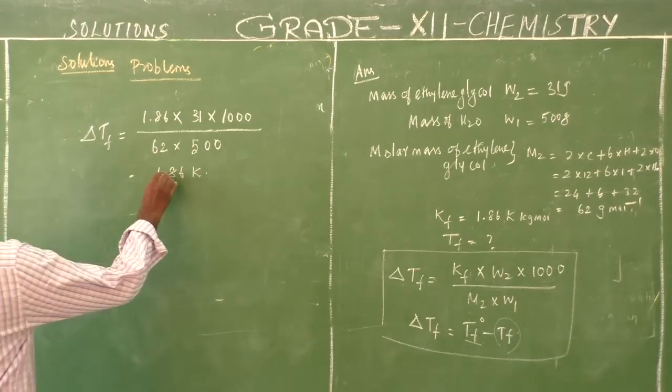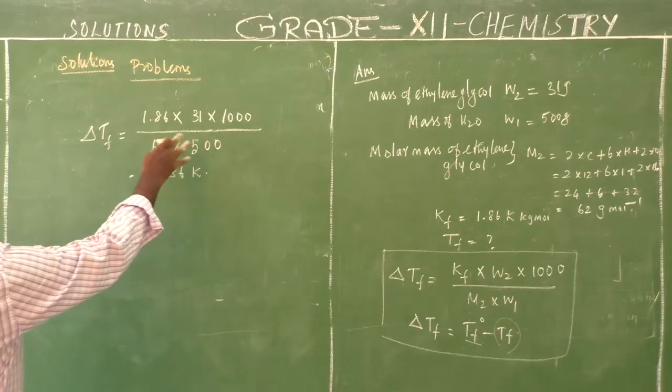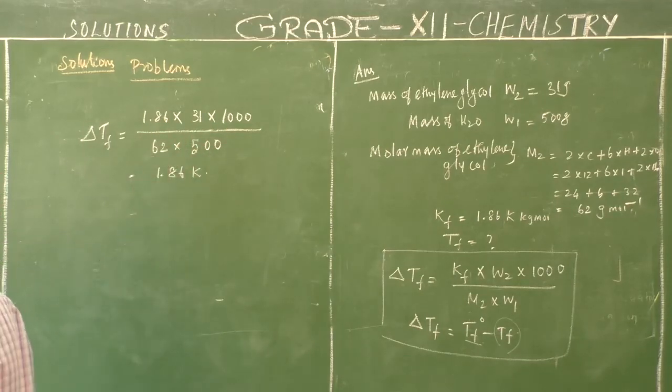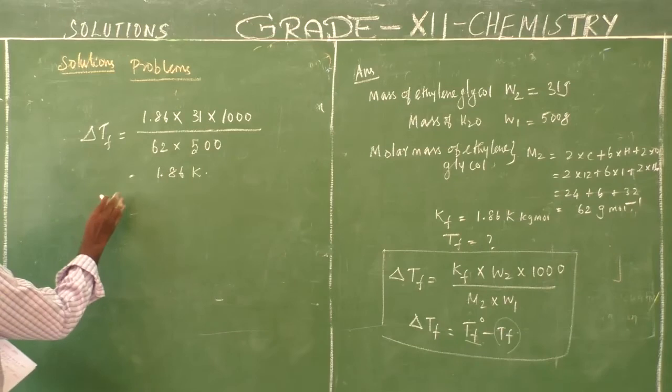We solve this by multiplication and division. Delta Tf is 1.86.